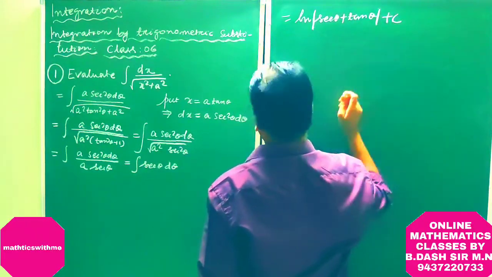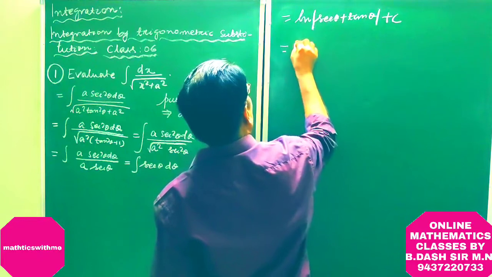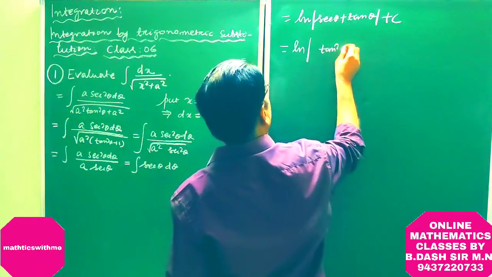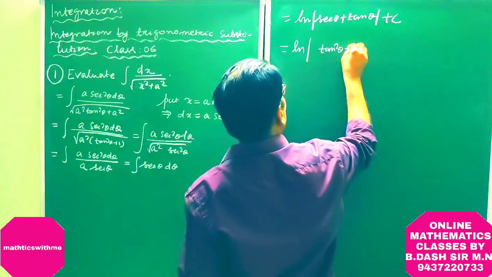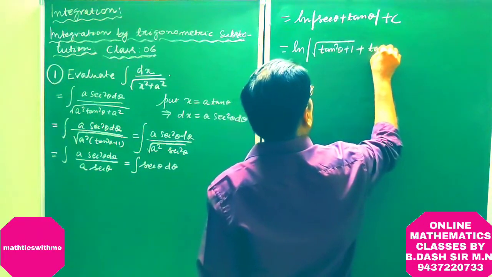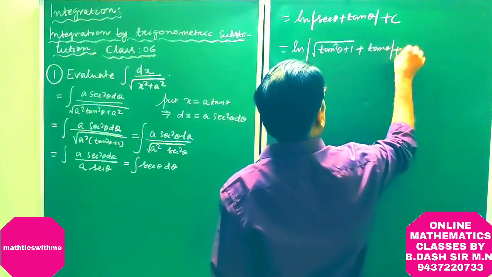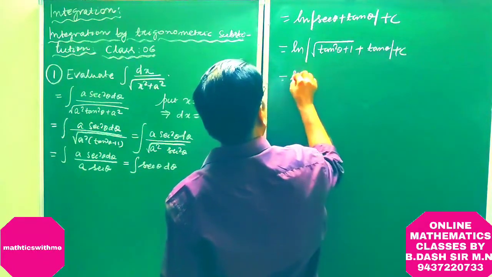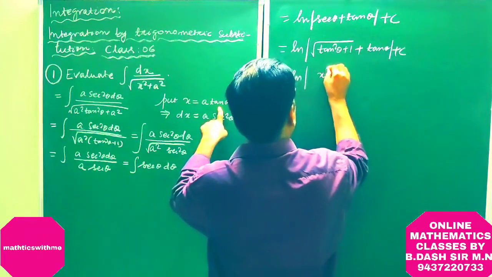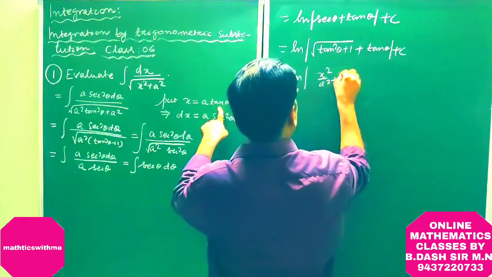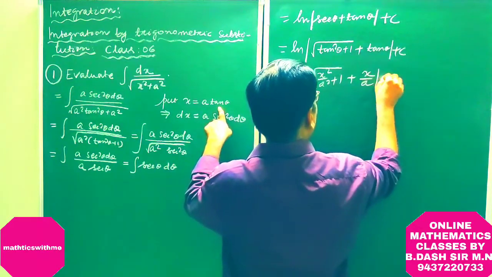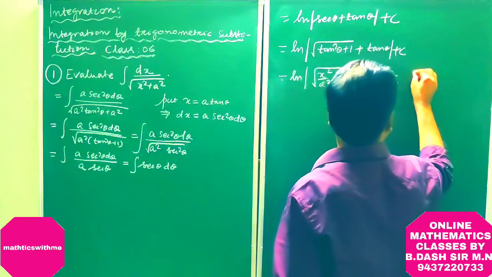plus c. This is equal to ln of root over tan square theta plus 1, plus tan theta, plus c. This is equal to ln of root over x square by a square plus 1, plus x by a, plus c.